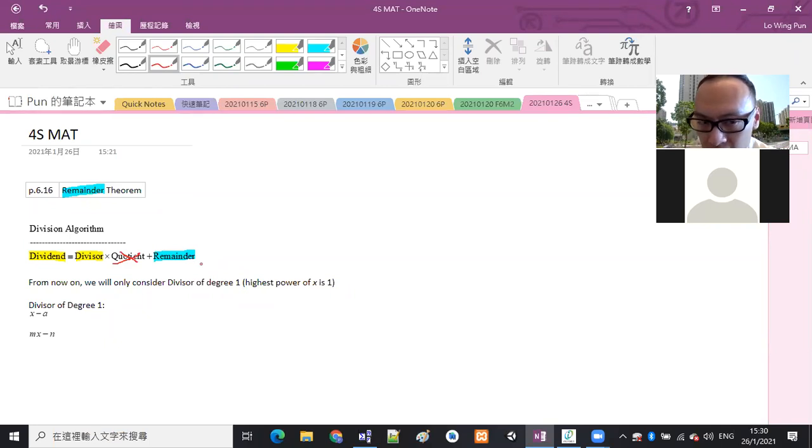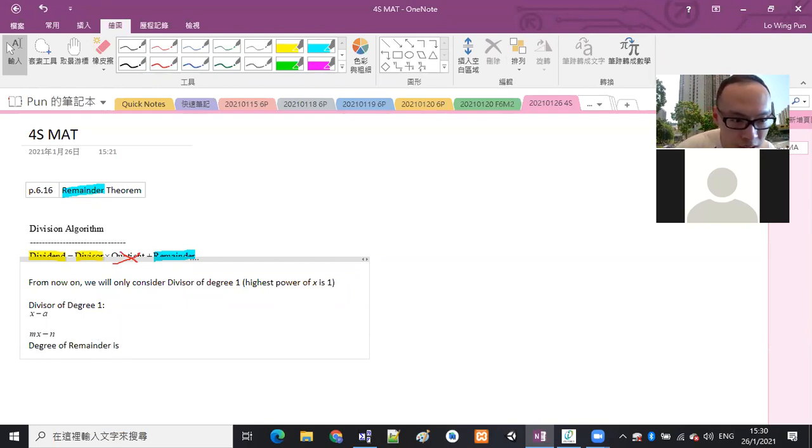Which means that the degree of the remainder should be 0. But what is a remainder of degree 0?